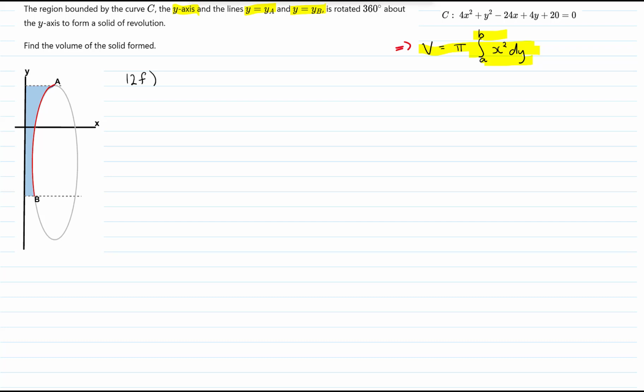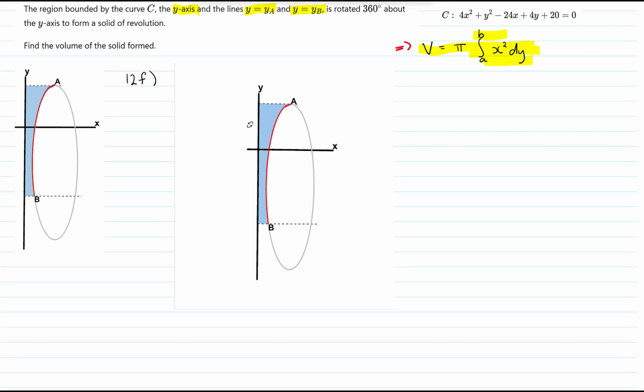So I'll bring up a short animation of what this situation looks like. Even though it's not essential, it can help with understanding and visualizing these types of questions. Okay, so we're going to rotate that shaded part in blue about the y-axis, and then we can see the solid that we've formed.